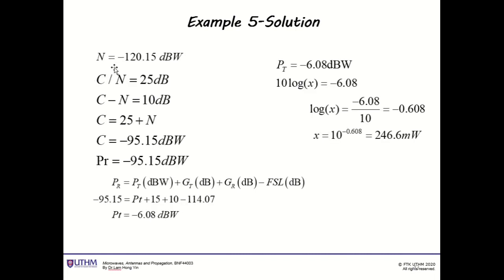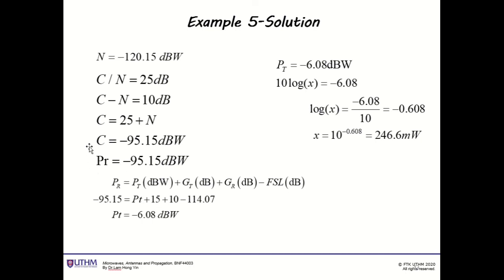And after that, to get the C, because we don't know the power transmit, they give the C over N, or CNR, as 25 dB. You can use it to get the C, where C basically is the PR.